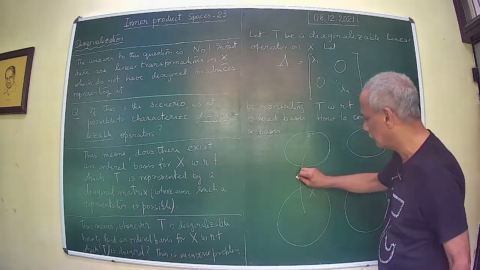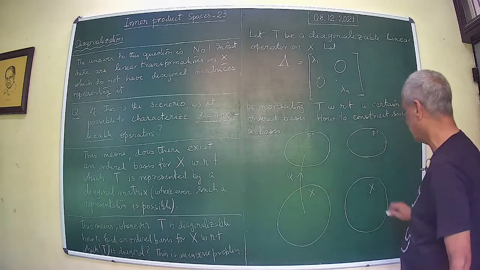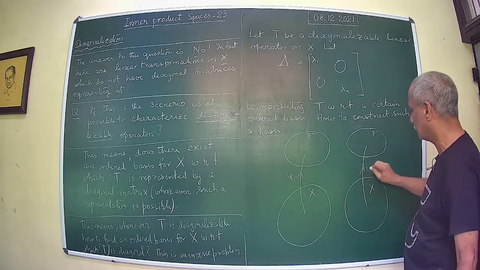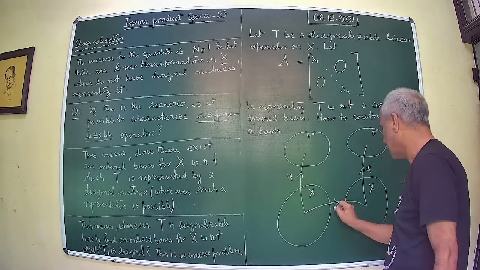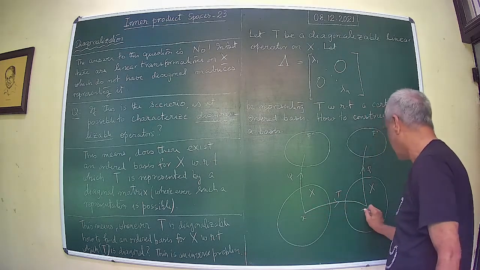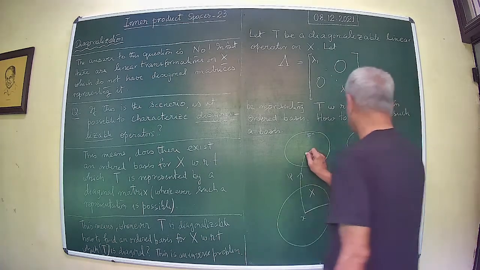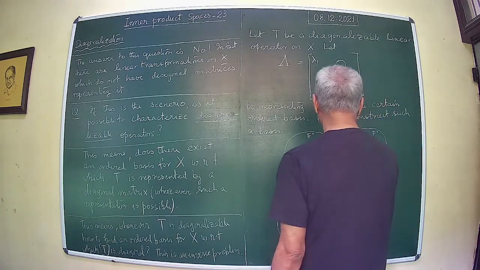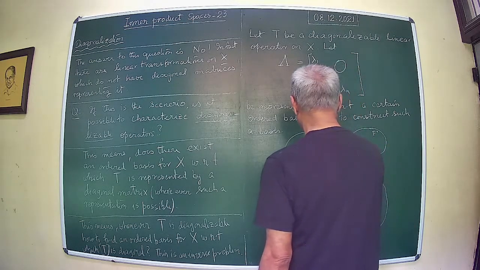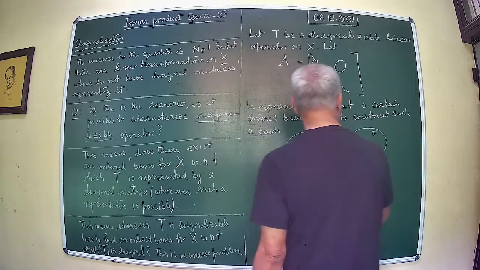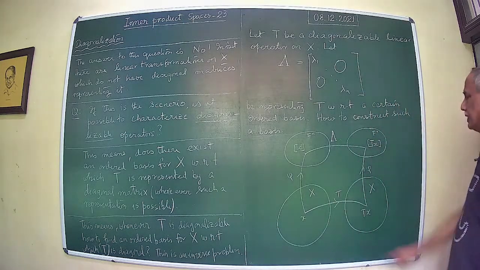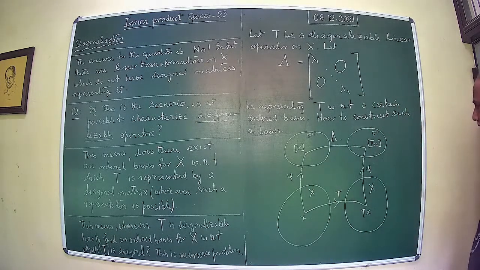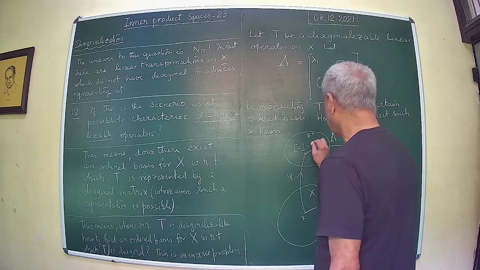So let phi denote this isomorphism, and let us assume that you have lambda representing T; these are the matrix representations of T with respect to the ordered basis.